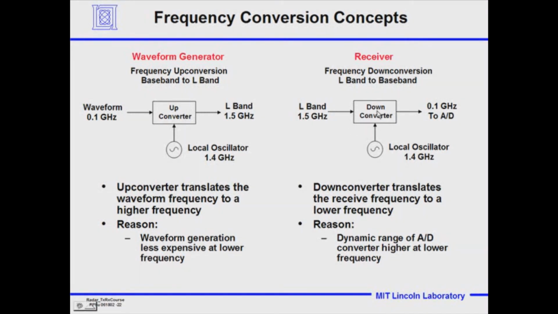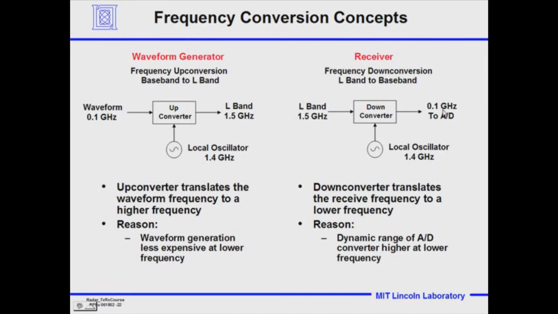And when we down convert, we put into a mixer, again, the same exact local oscillator signal of 1.4 gigahertz, but we take the difference output from the mixer. We use the mixer slightly differently. There it subtracts the two signals, 1.5 minus 1.4, and we're left with a signal whose center frequency is 0.1 gigahertz, and that would go into the A to D converter.